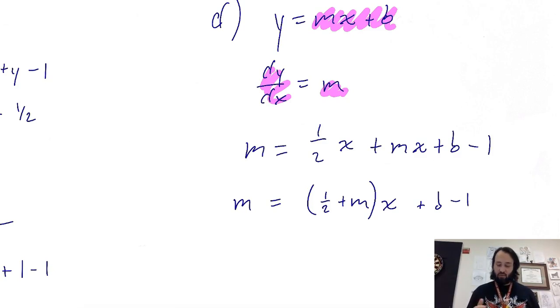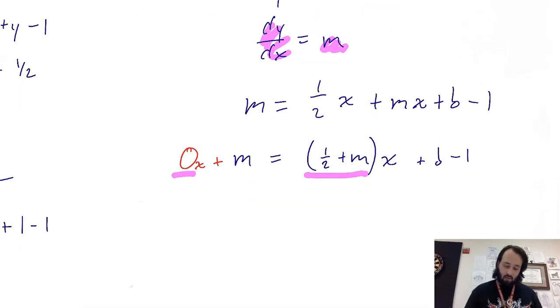Since I do not have an x on the left-hand side, I'm really just comparing sides of the equation. This is 0x plus m. I can write a system of equations, which is kind of going backwards with systems of equations. I have 0x's here and 1/2 plus m there, so comparing these two sides, 1/2 plus m equals 0.